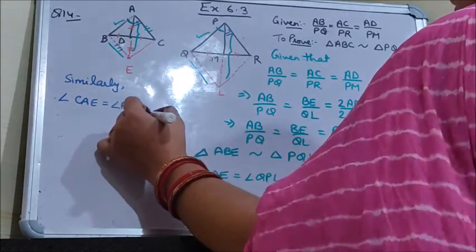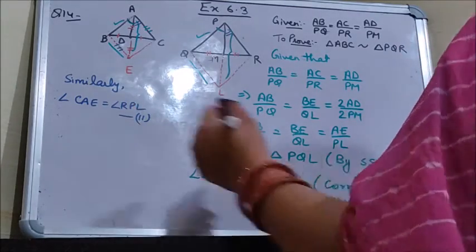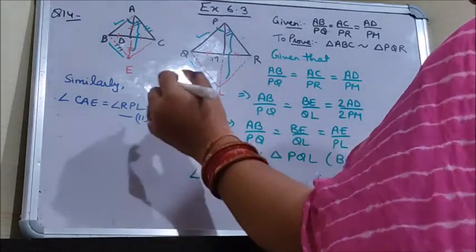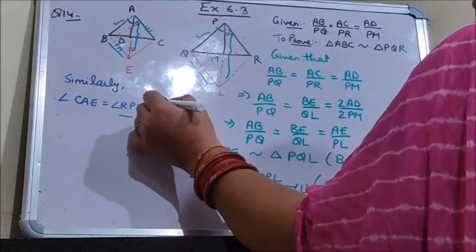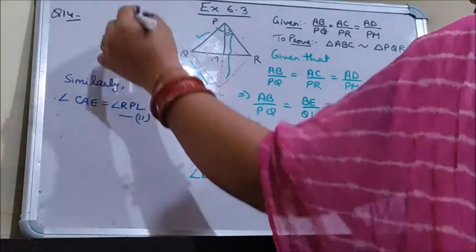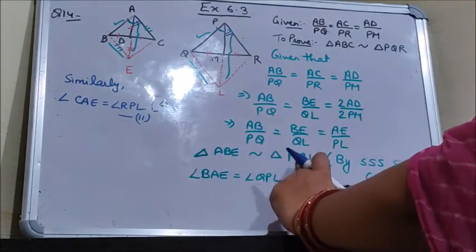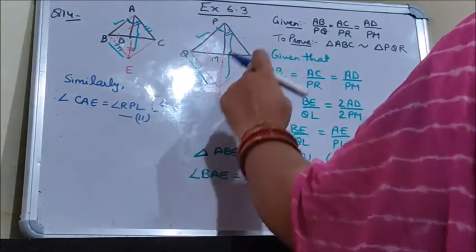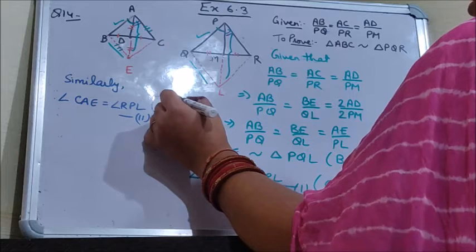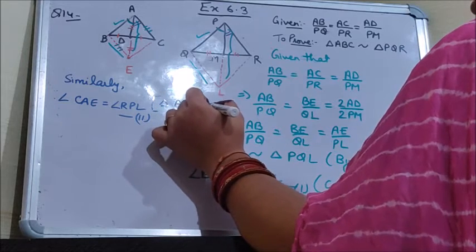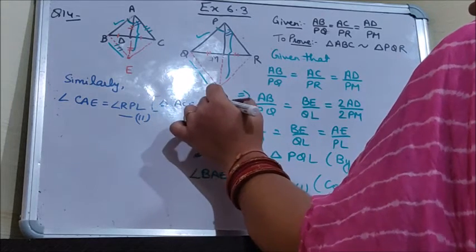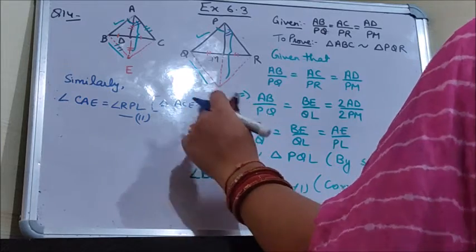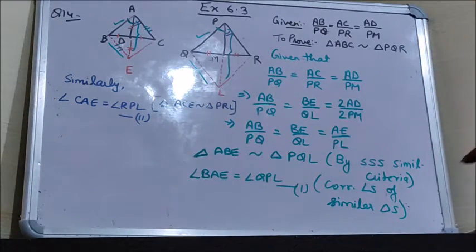Let it be the second equation, because just as we proved that triangle ABE is similar to triangle PQL, similarly we can prove that triangle ACE is similar to triangle PRL. No need to prove it again and again; once we have proved one, this will also be equal.